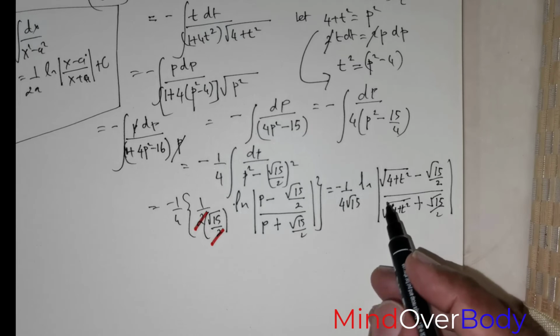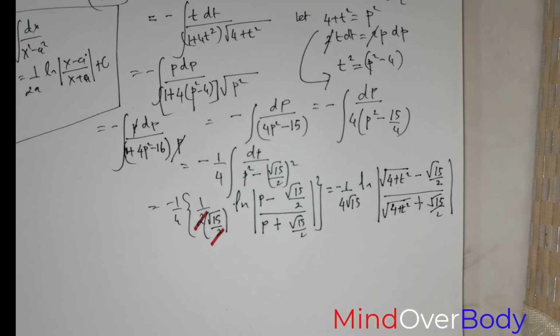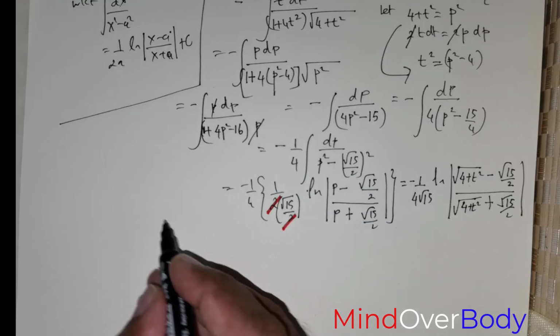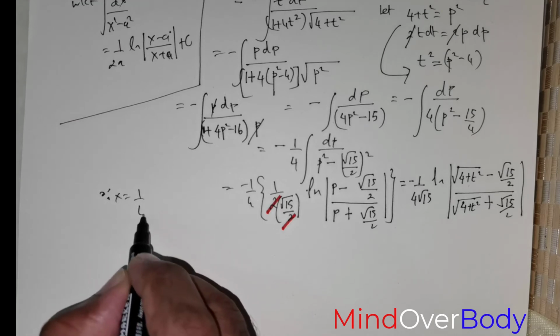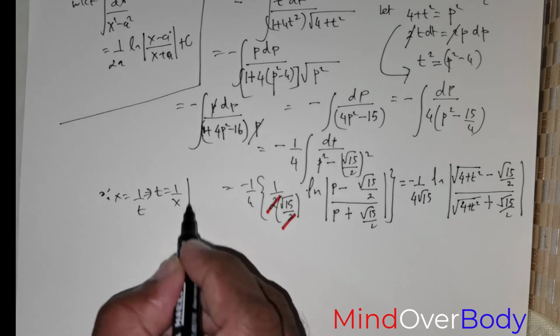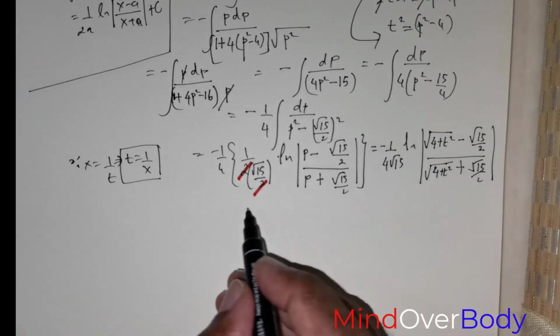Now we need to replace t, so that has to be done. So let's find out what t is. Now we have taken x is equal to 1 over t, so this would mean my t is equal to 1 over x. So in place of t, let's substitute that.